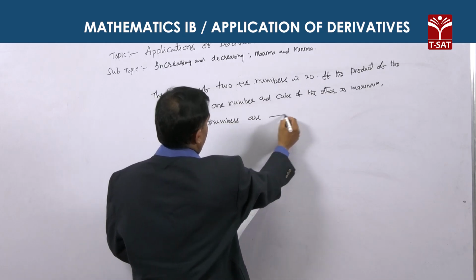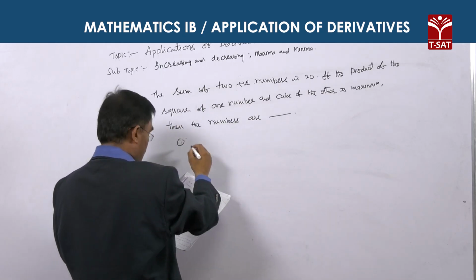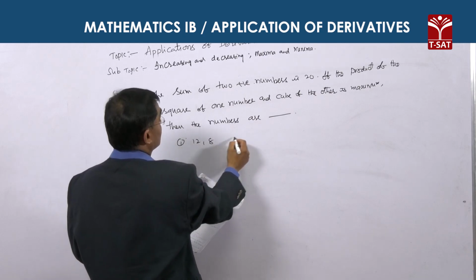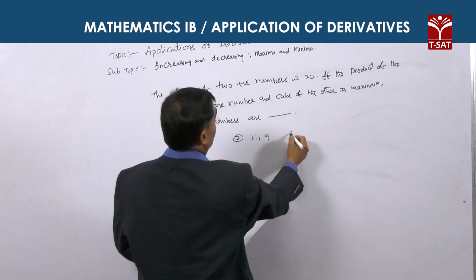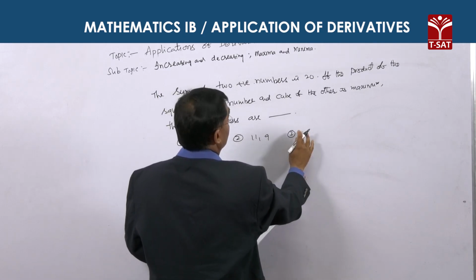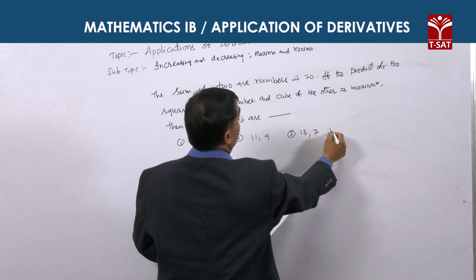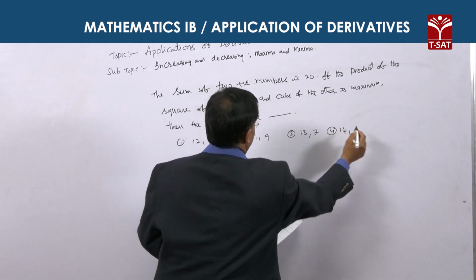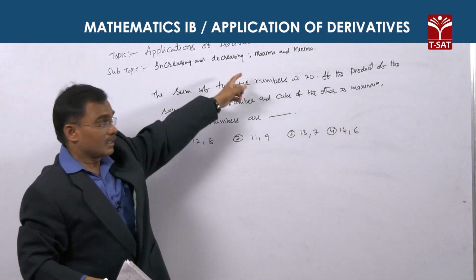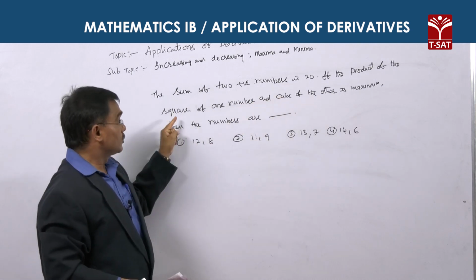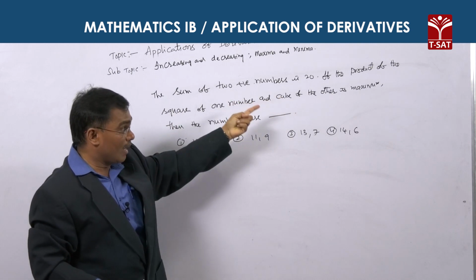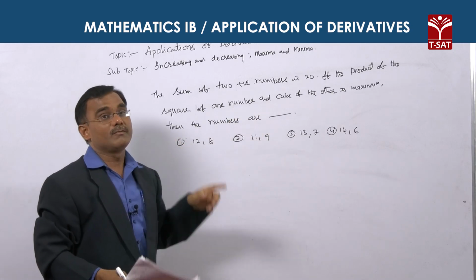First answer is 12,8, second answer is 11,9, third answer is 13,7, fourth answer is 14,6. The sum of the two numbers is 20; if the product of the square of one number and the cube of the other number is maximum, then what are the numbers?